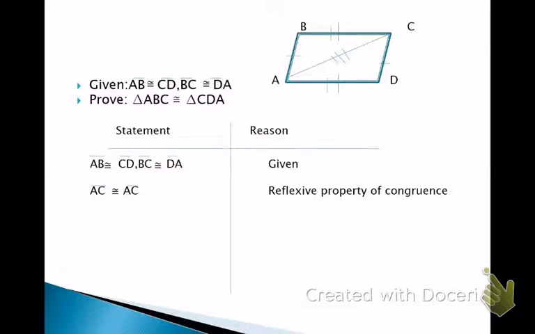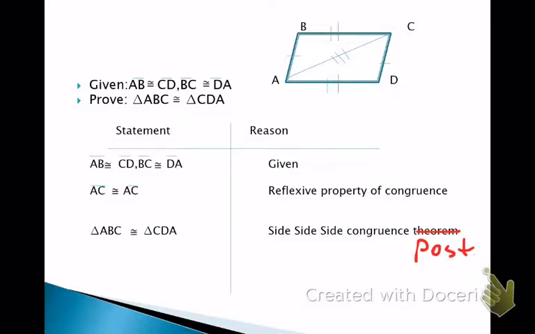So now AC being congruent to AC provides our third set of congruent sides. All sets of our sides are marked congruent. So we're done. We can now use side, side, side to show that triangle ABC is congruent to triangle CDA. And so that's how we're going to use the side, side, side congruence postulate in a two-column proof.